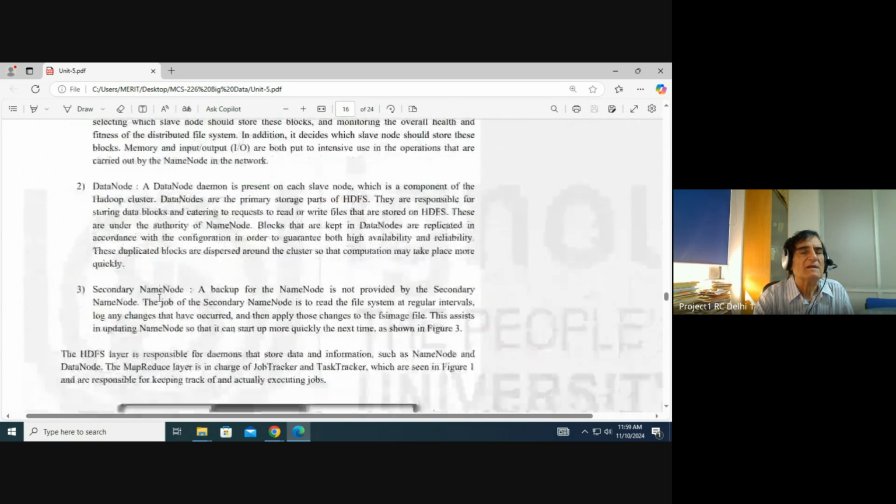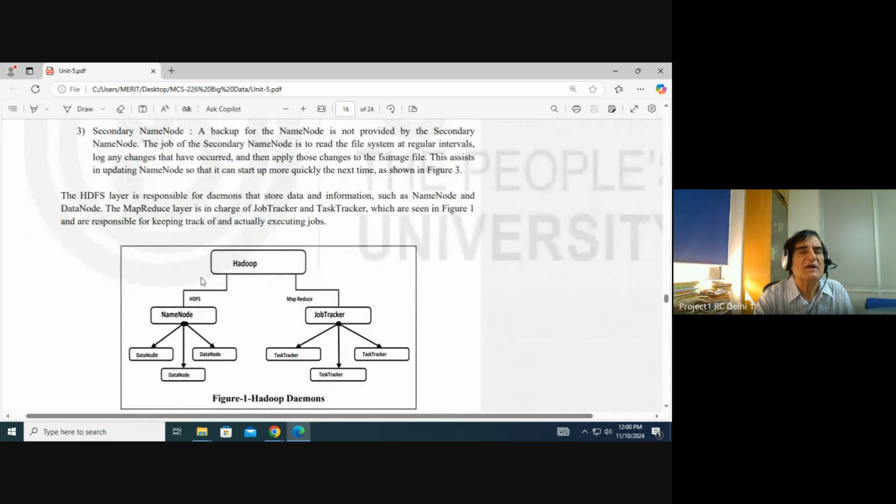Data node, secondary node, so this is Hadoop. This is the name node, this is a data node and data node. This is the job tracker, and task tracker. So these are the Hadoop components.